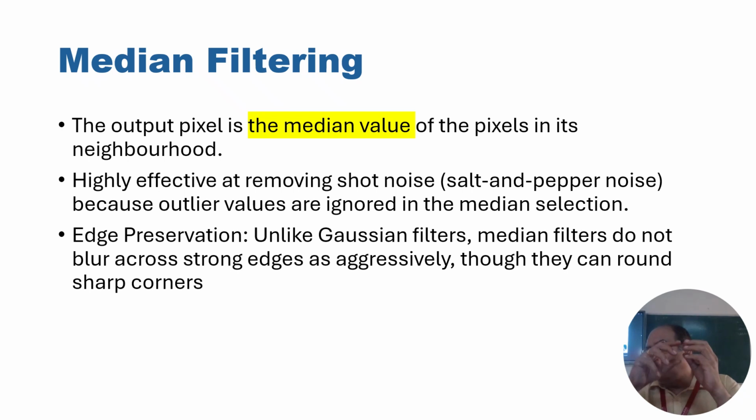This numerical value is taken out, and it is replaced by the median of all its neighboring values, and like that the entire pixel is being replaced. You are doing median filtering. In median filtering, every pixel is replaced by the median of its neighbors.